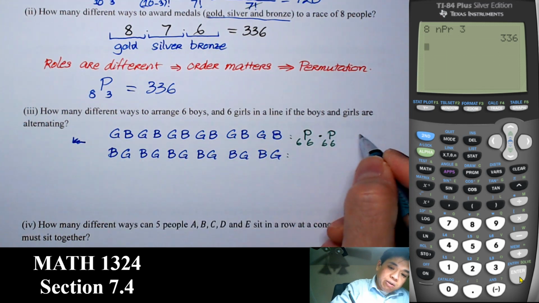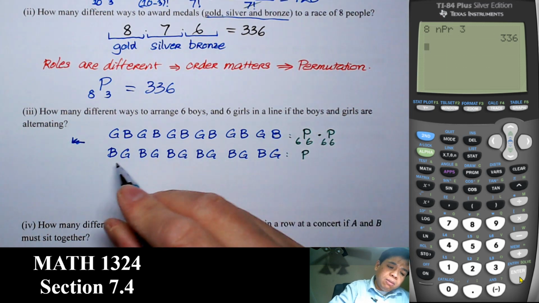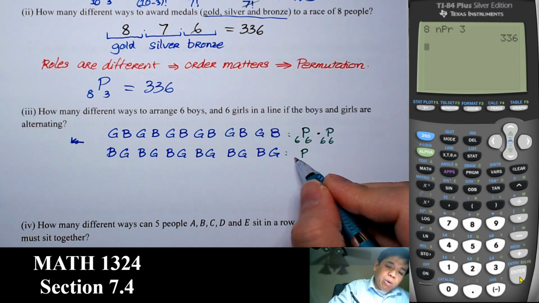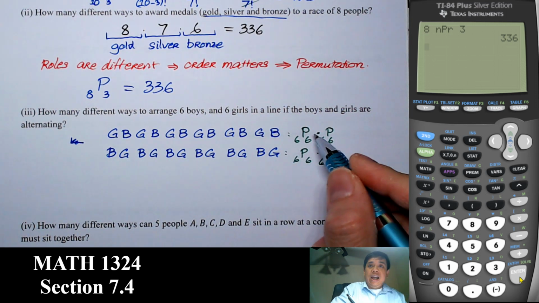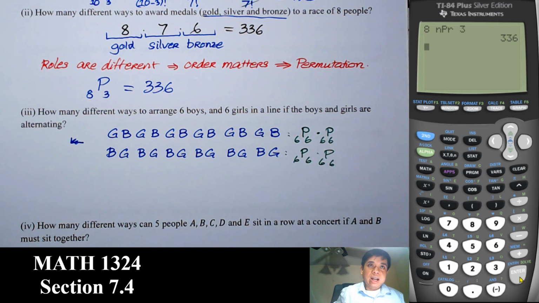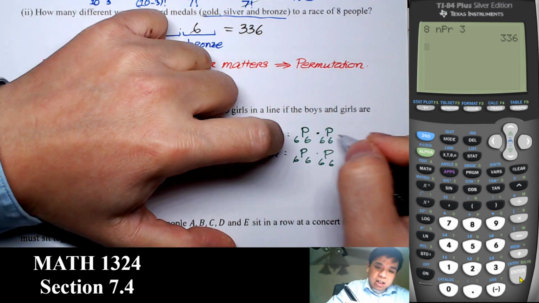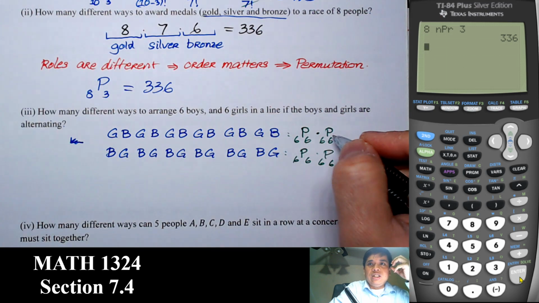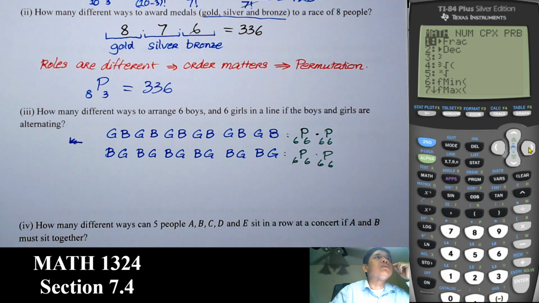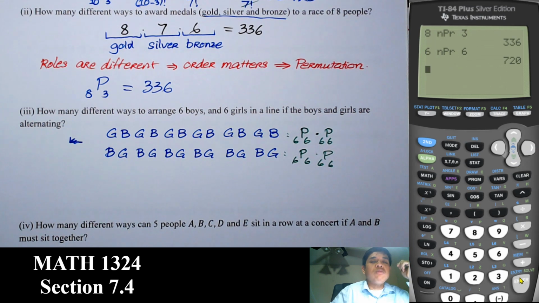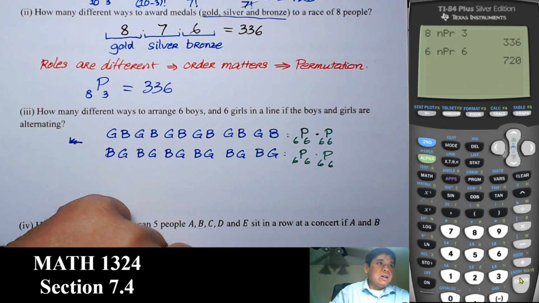Right. So that is, we have that. Now, or if we have this arrangement, we put the boys first, and then we choose the girls. And then what we do is we're just going to add this together. Of course 6 and 6, if you arrange 6 people in 6 places, that's 6 factorial. Or we can use permutation of 6 of 6, which is 720, or 6 factorial.